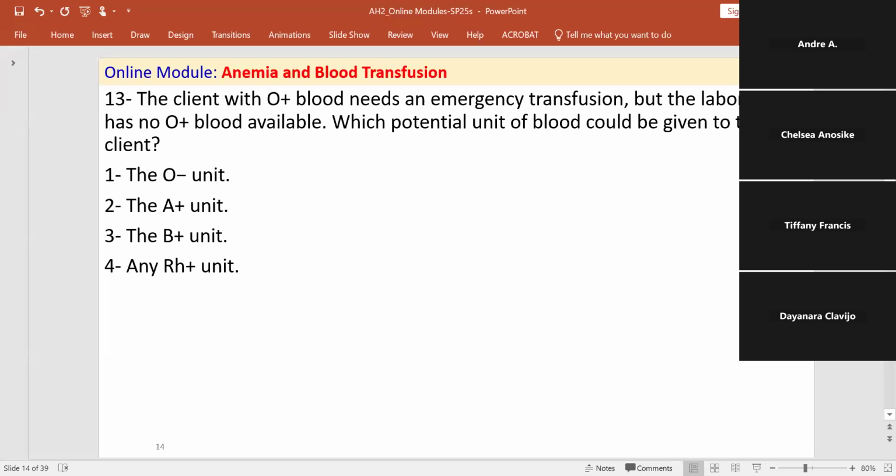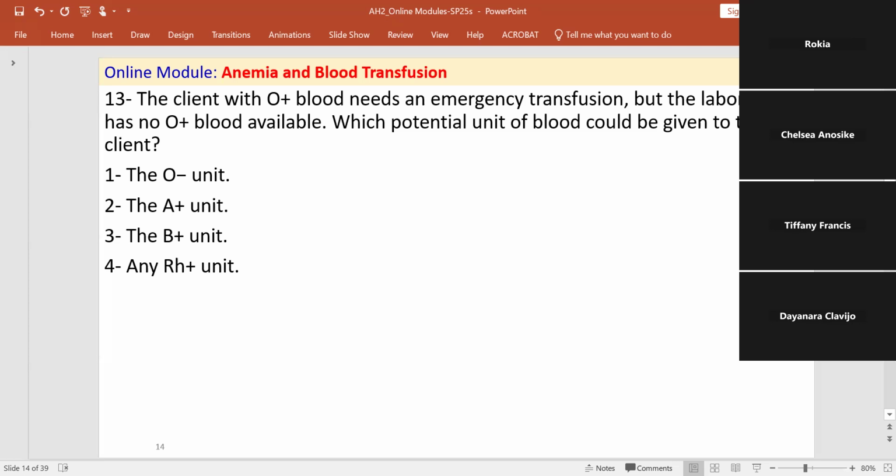So this patient should receive one of the following: O negative, A positive, B positive, or any Rh positive unit. Is it O negative? What I meant is that a patient can receive Rh positive, like A positive or B or AB positive, any blood group with the rhesus factor positive, but the O positive cannot receive A positive or B or AB, right?